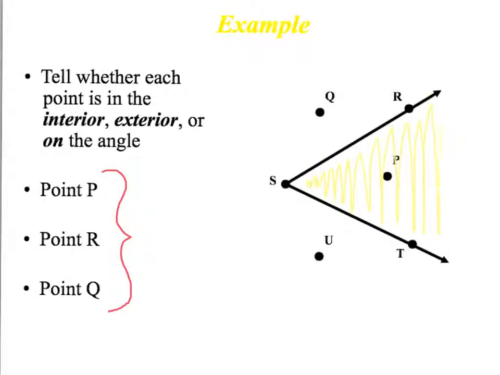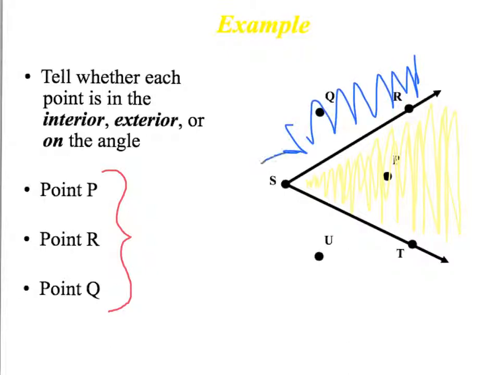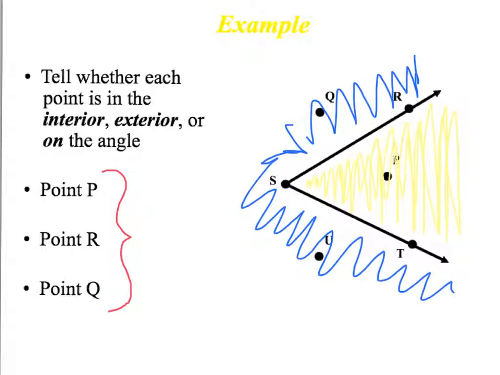So I'm going to color that inside part, which is everything between those 2 rays. And let me pick a different color out here for the exterior. So there's all this section outside of those rays. That'll be our exterior.